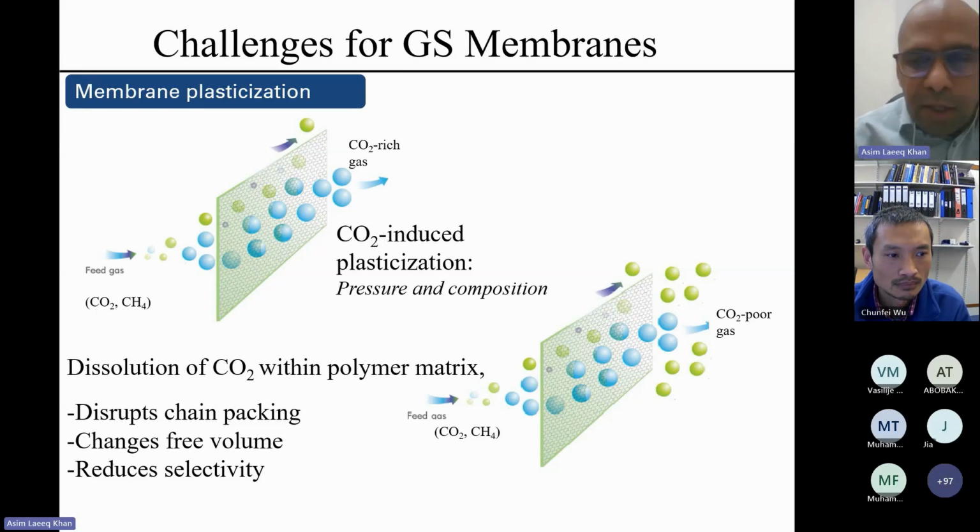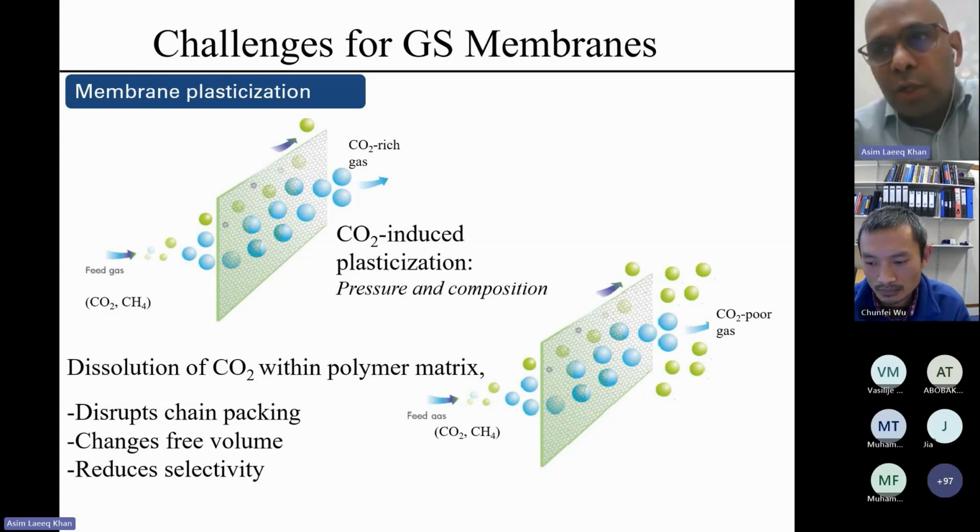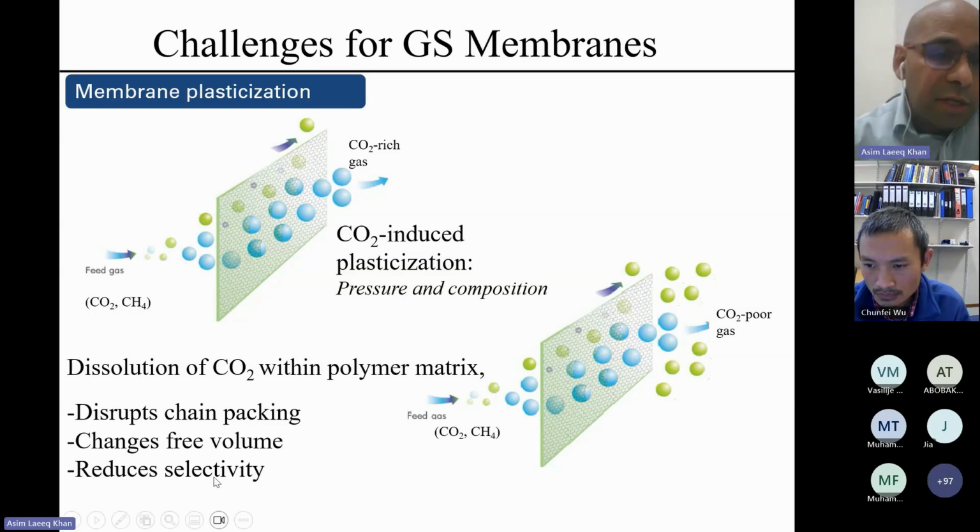As a result, the permeability goes up because there are now more spaces and swelling of the matrix, so CO2 can definitely pass through. But because of the swelling of the matrix and the changes in the free volume, the non-desirable gas, for example methane, nitrogen, or hydrogen, is also able to pass through, leading to reduced selectivity.